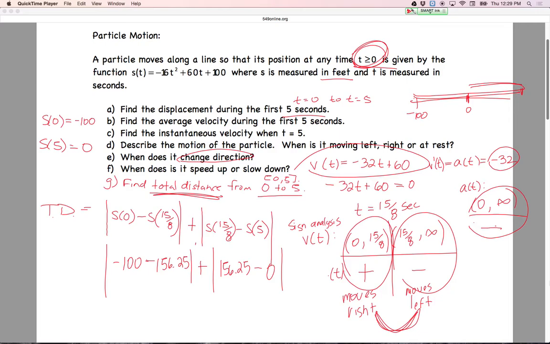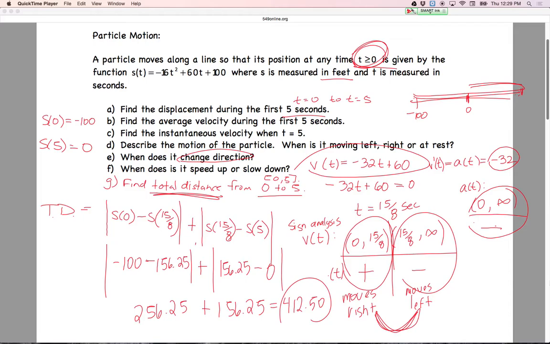Negative 100 minus your 156.25. So this is going to be a negative, but the absolute value of it becomes what? So 256.25. Watch this. What this got is it got that, and it got that. Now we come back left. That's going to get the last part. So 412.5. That'd be your total distance.